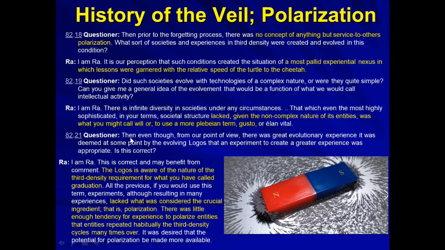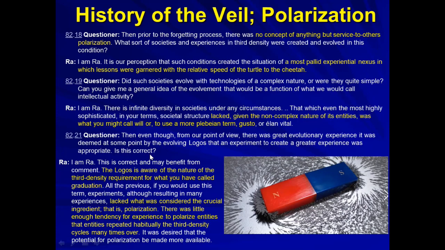Okay. So then Don asks, then even though from our point of view, there was great evolutionary experience, it was deemed at some point by the evolving logos, sons, that an experiment to create a greater experience was appropriate. Is that correct?